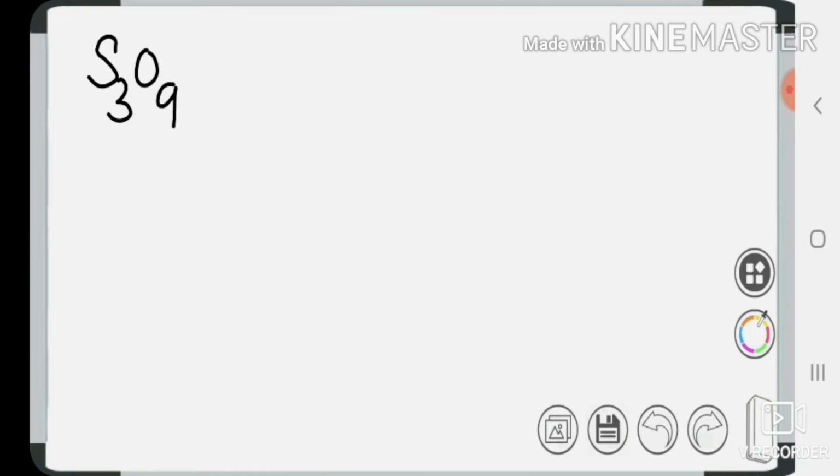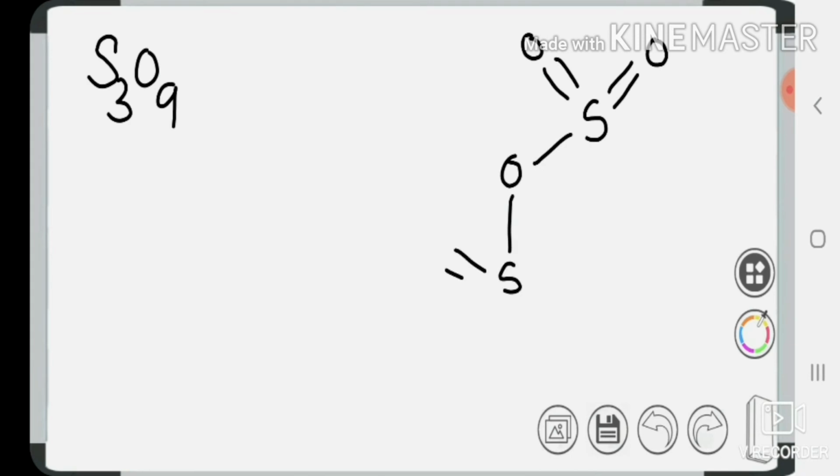The question itself says sulfur trioxide trimer, that is S3O9, having a cyclic trimer structure of SO3, that is 3 sulfur trioxide molecules forming a cyclic compound. One SO3 molecule combines with another SO3 molecule, which combines with another SO3 molecule.